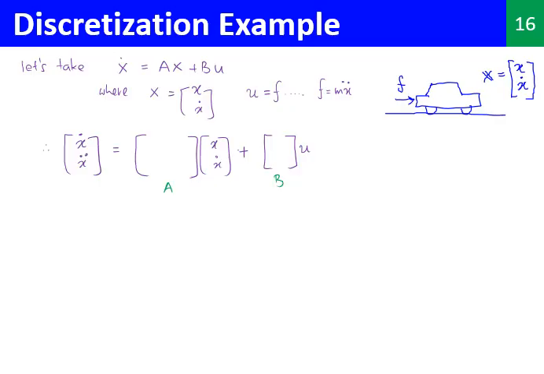Now if we take the first row, I have x dot, right? And here what should we have? So I can write that as 0 and 1. Okay, and I don't need anything from the control input here. And if I take the second row, I have x double dot, right? So what should we have here?